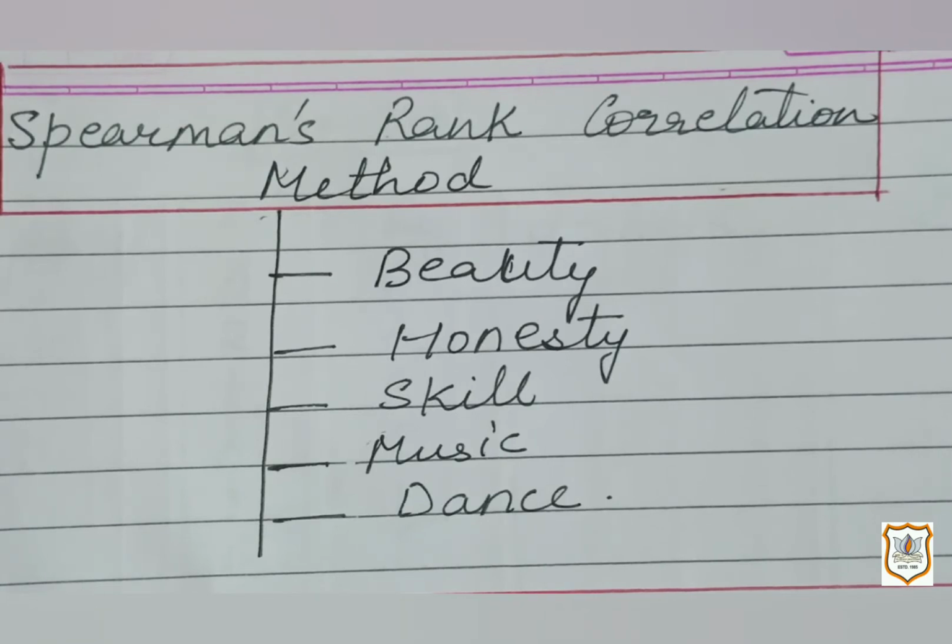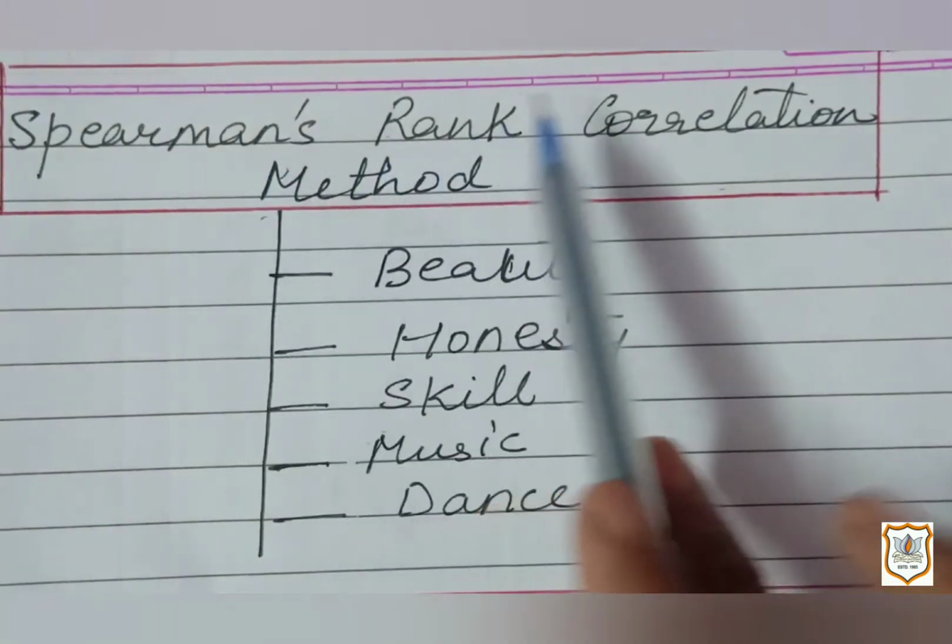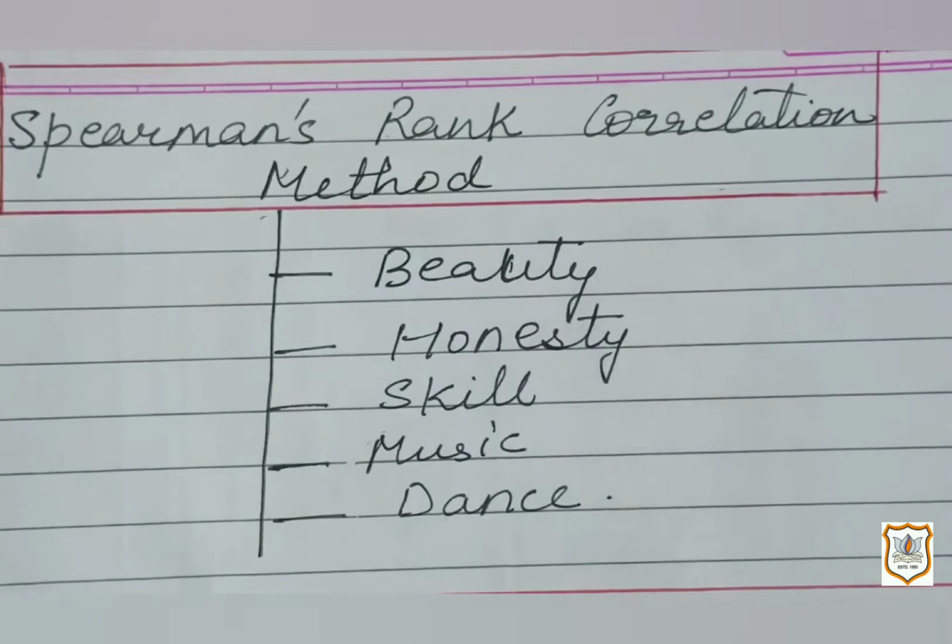So this rank correlation coefficient we will be studying today. It is suggested by Charles Spearman, so it is also known as Spearman's rank correlation method, and the coefficient is known as the rank correlation coefficient.